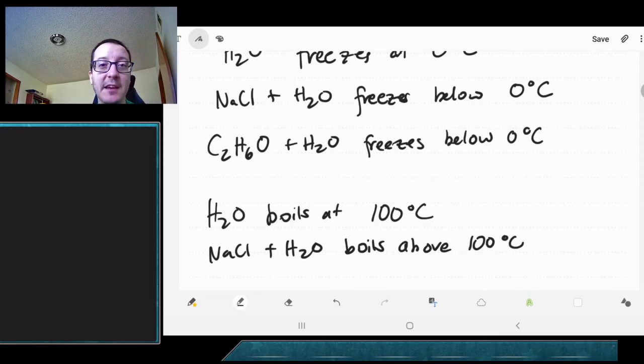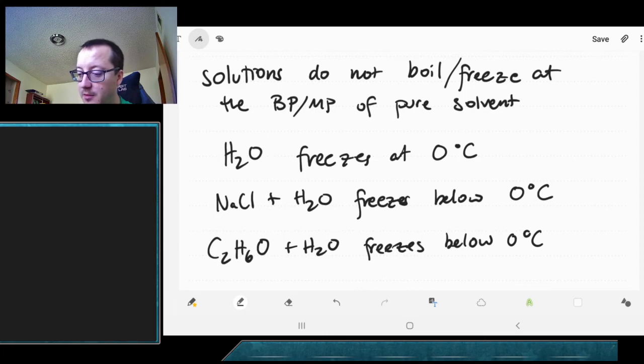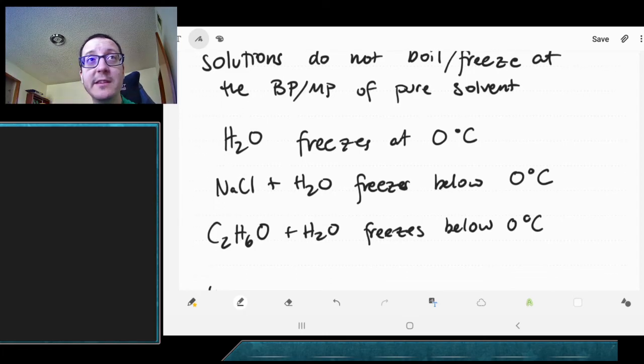And so we're going to see the same thing here, that solutions tend to expand the range in which they're in the liquid state, if that makes sense. They're going to both lower your freezing point and raise your boiling point.